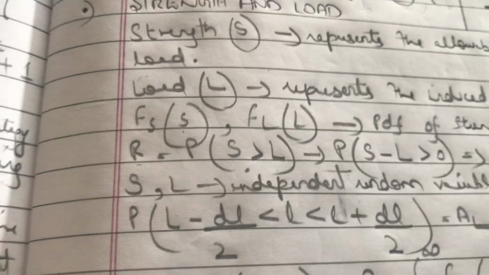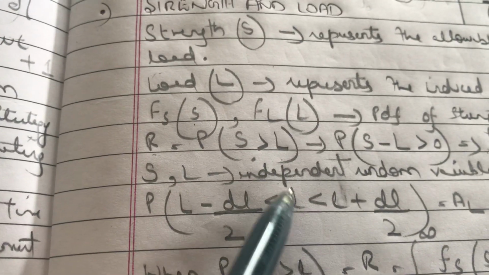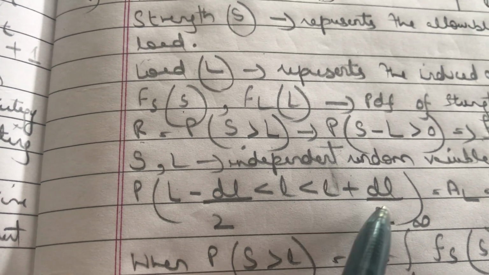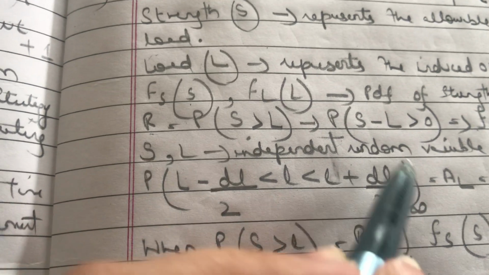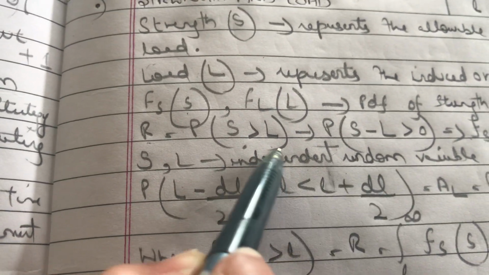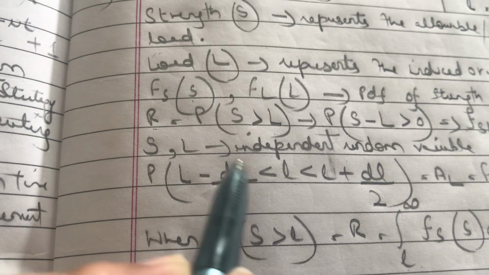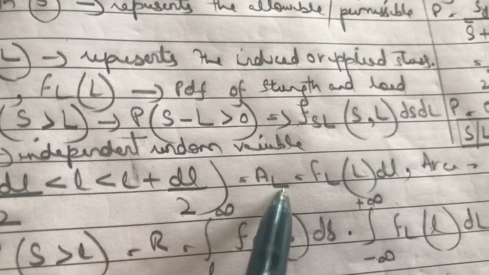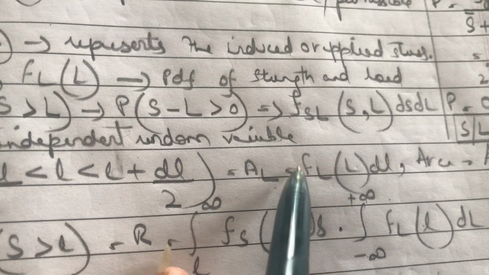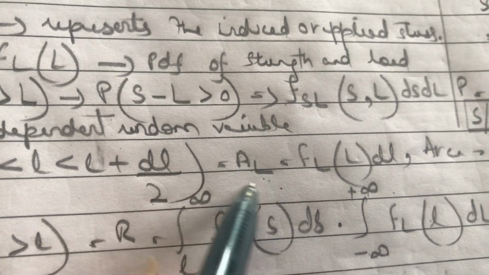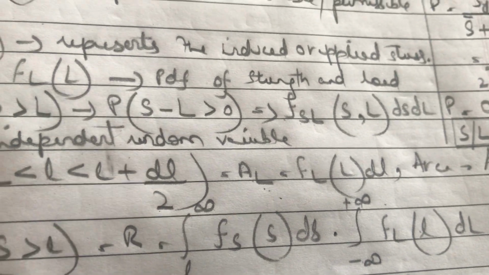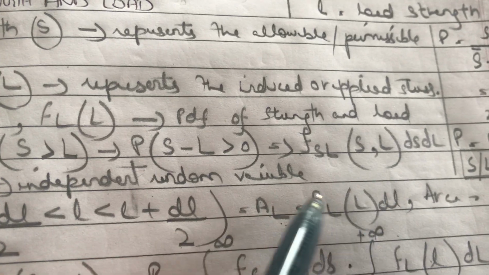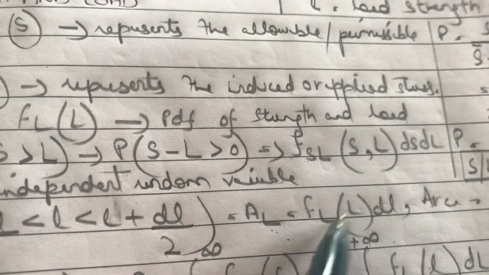First, we say that we have a limit of L, that is from L minus dl over 2 to L plus dl over 2. So this is basically our area. We represent it as AL, and the area AL is in the form of FL of L and dl.